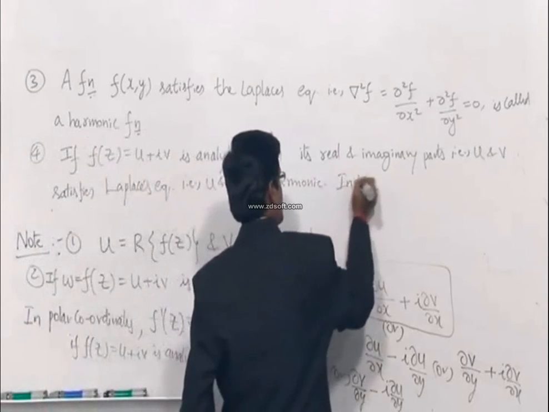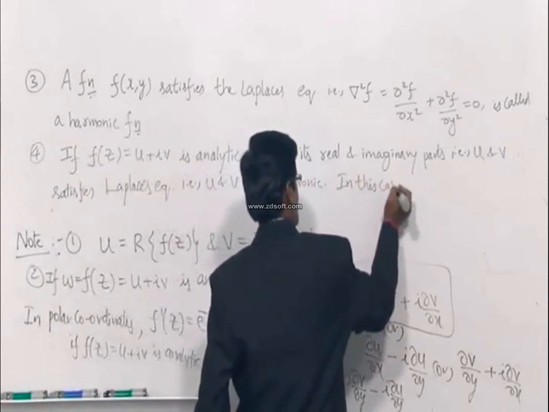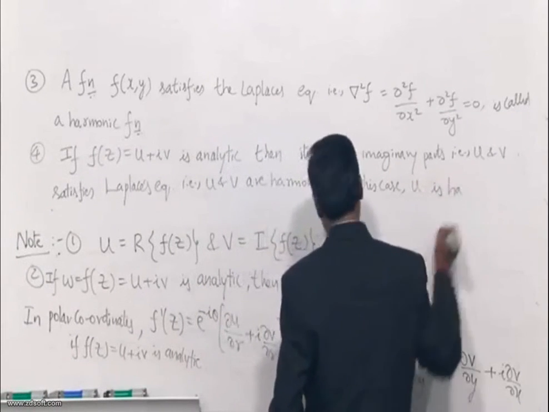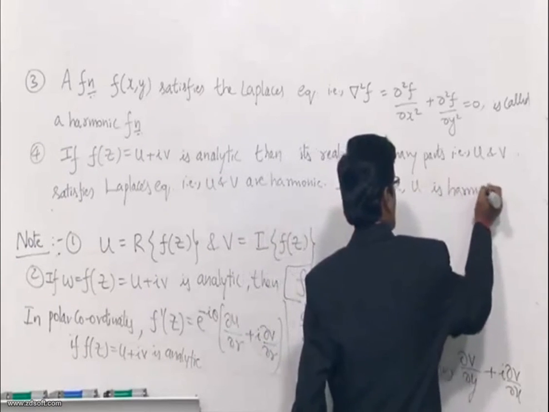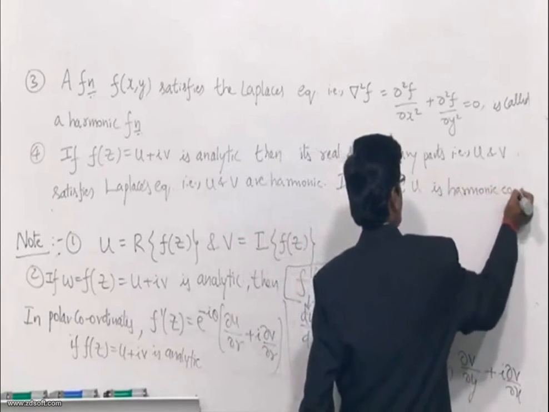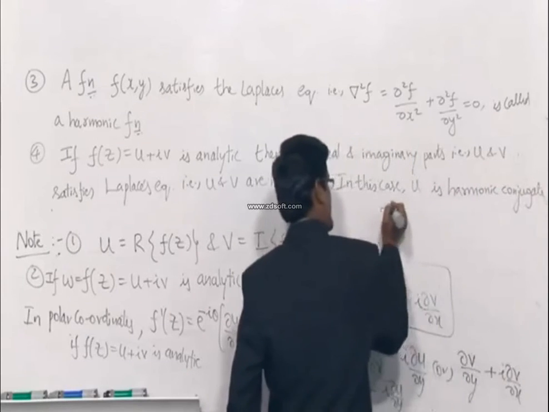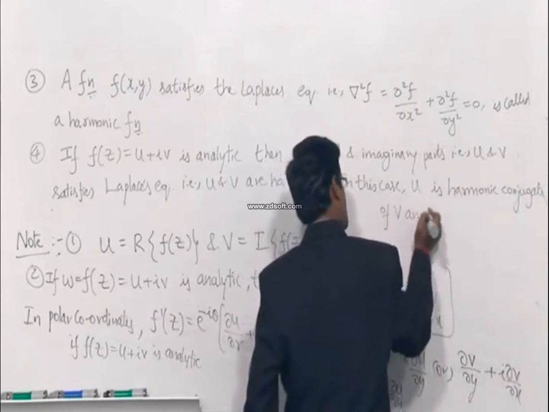In this case, u is harmonic conjugate of v and vice versa.